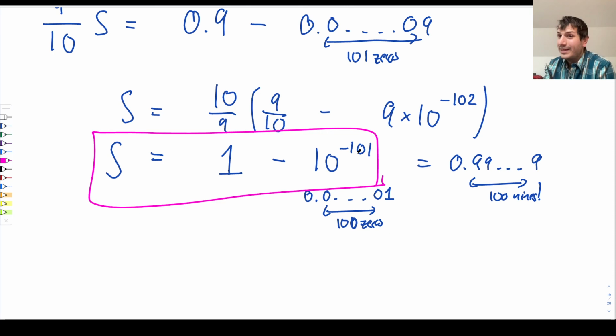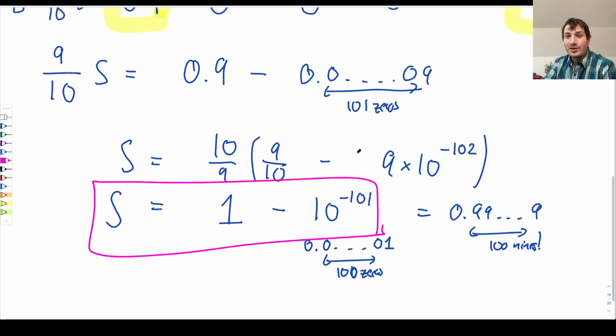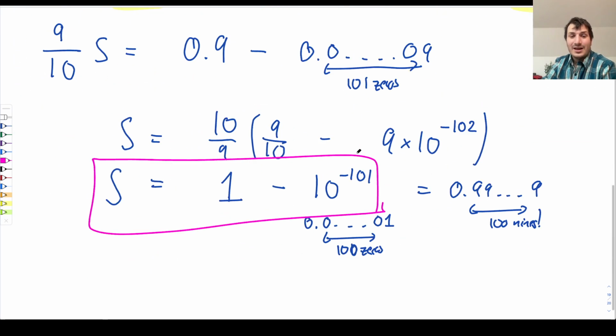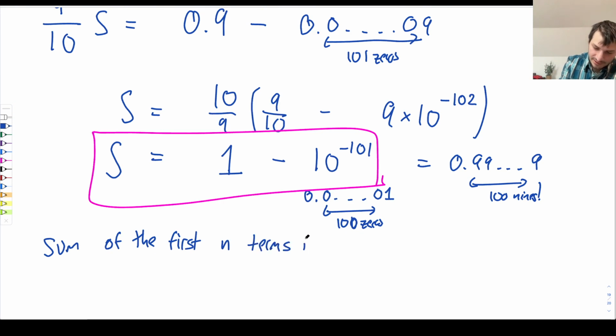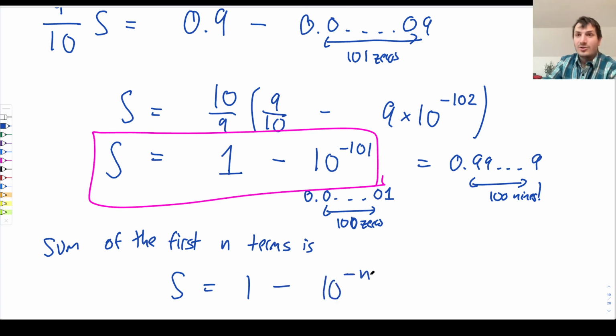And the strategy we used will work for any number of terms, right? So in general, the sum of the first n terms is, what is it? It's going to be 1 minus 10 to the minus n, right?